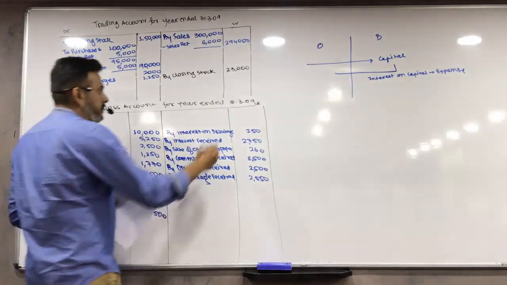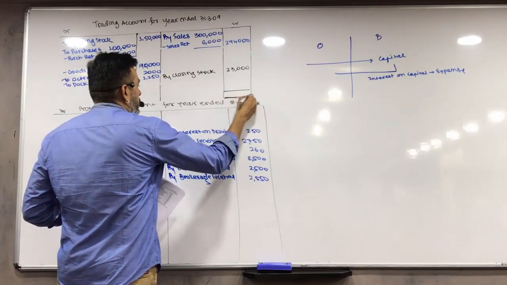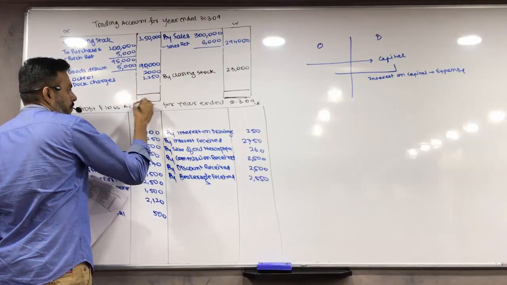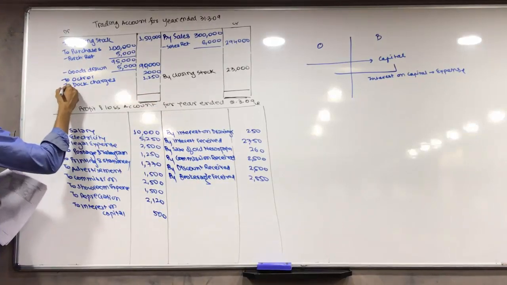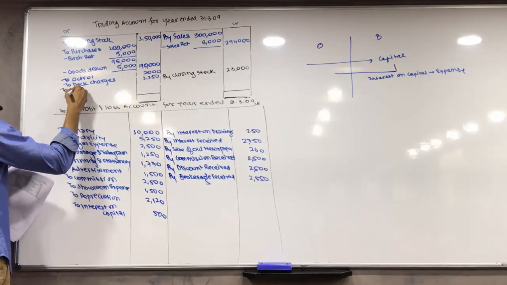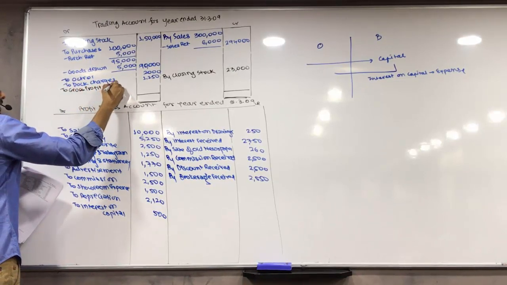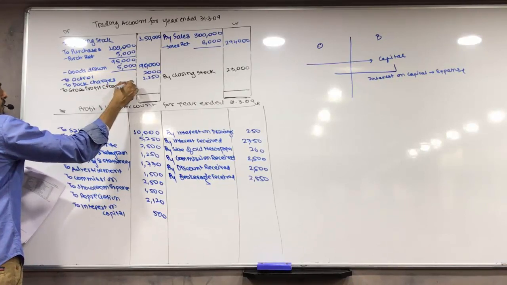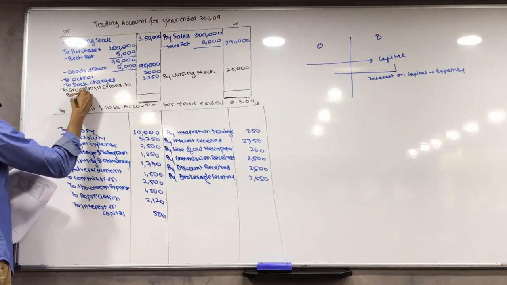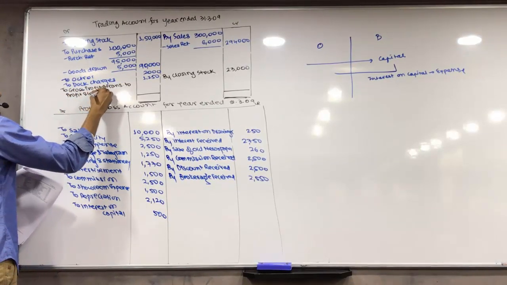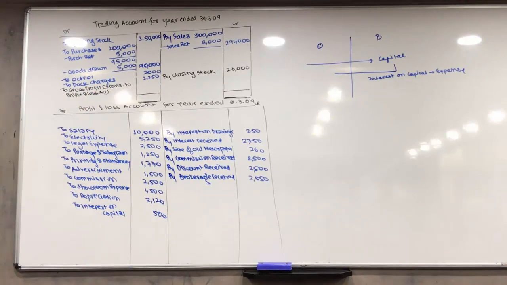Start closing these. To gross profit. Wait. Transfer to. Let everyone do it. Let me go around and check. Sagar.